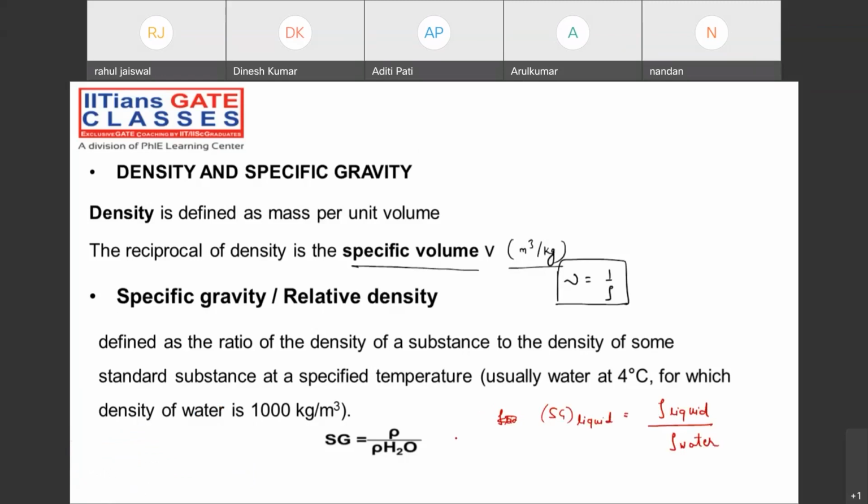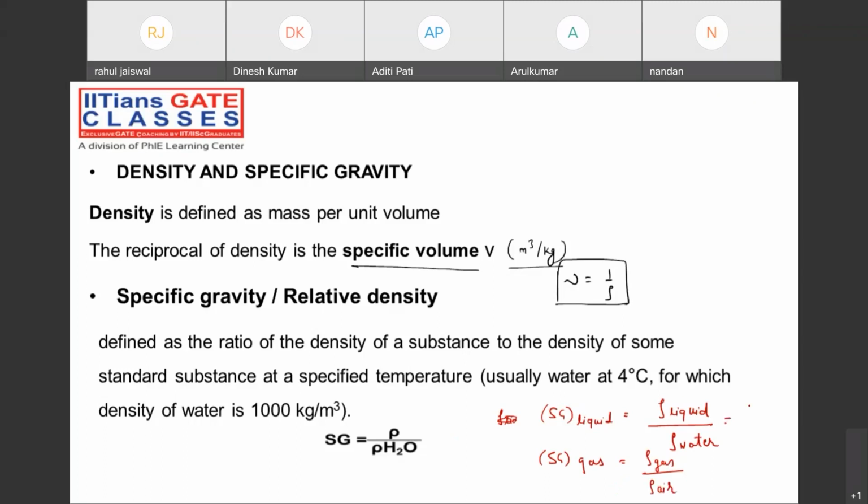Water. When we define the specific gravity of gases, what is the standard fluid? Air. Very good. Note down, very important.